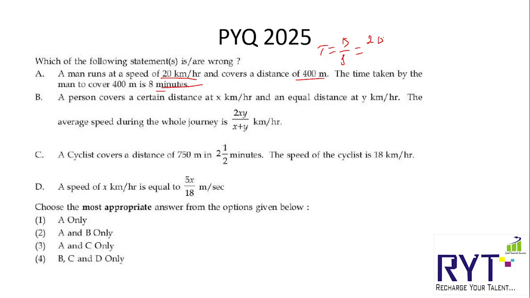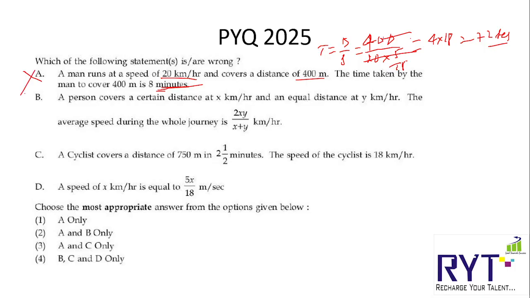Distance is 400 meters, right? So distance is 400 divided by speed. Speed is 20 into 5 by 18. Okay. So 20 into 5 is 100. This 100 and 2 zeros get cancelled. 18 will come up. So this will become 4 into 18, 72. 72 seconds is not equal to 8 minutes. So this is false. Option A is false.